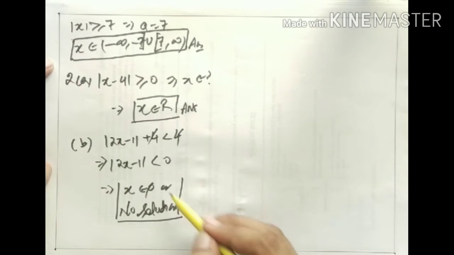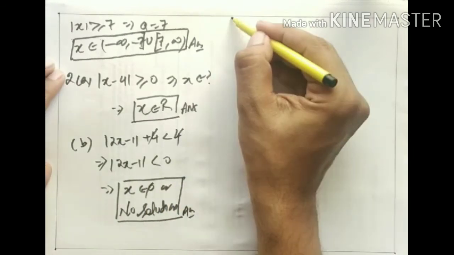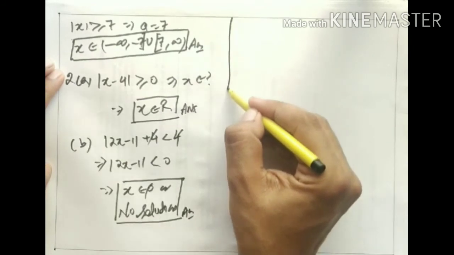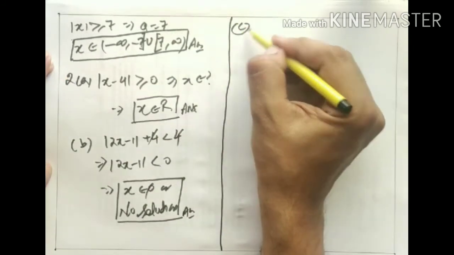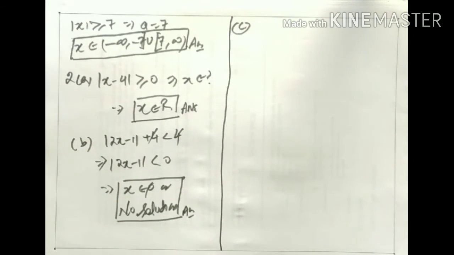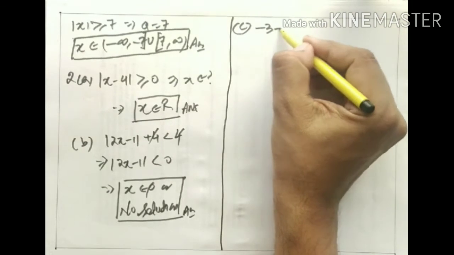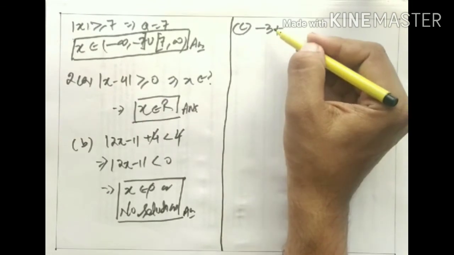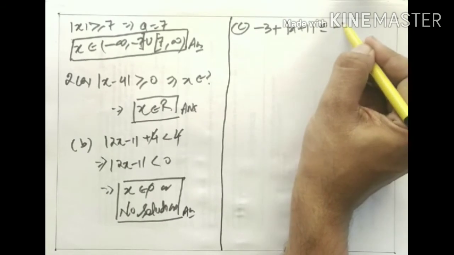Now let's see example C. The example says minus 3 plus mod of x plus 1 is less than or equal to minus 3.